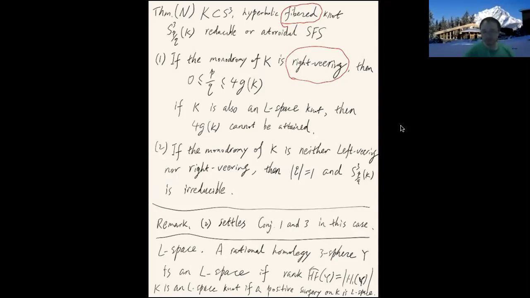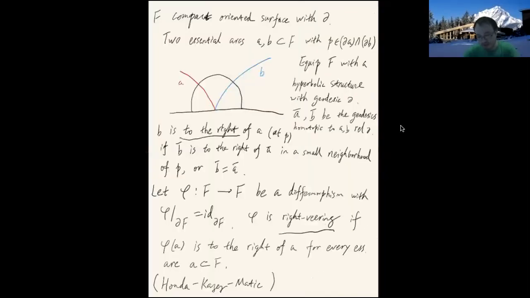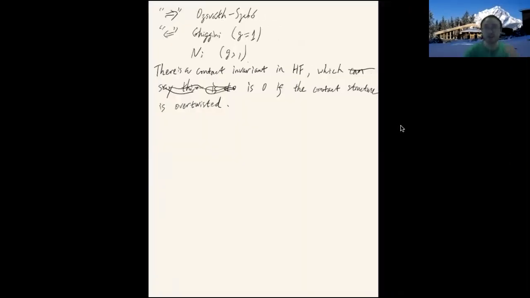So in special cases, you can use Heegaard Floer homology to check these conditions. So although the theorem I stated was more or less known to the experts, it becomes really useful if you combine it with Heegaard Floer homology.